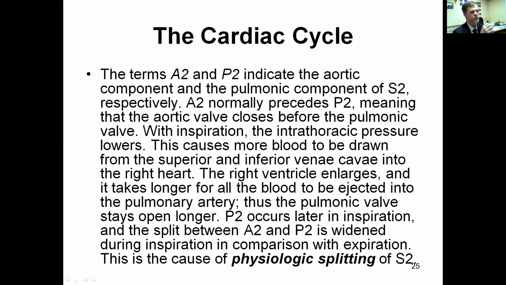Now, there are different possible causes of splitting. In some cases, this is physiological. In some cases, this is pathological. Let's try to explain why it may happen. For example, we have A2 and P2: the aortic component of the second heart sound, and the pulmonary component of the second heart sound.